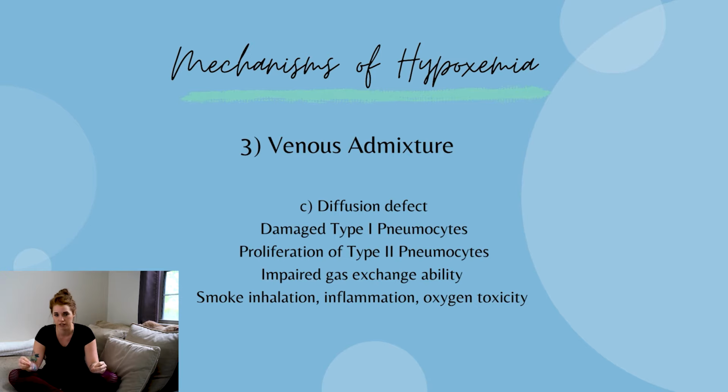But before they differentiate, we have a severely impaired ability to exchange oxygen in our lungs. Examples of things that lead to a diffusion deficit from damaging our type 1 pneumocytes are smoke inhalation, severe systemic inflammation, and oxygen toxicity.